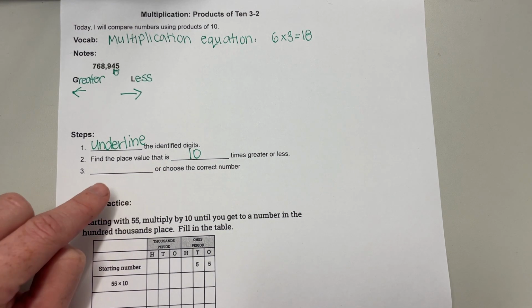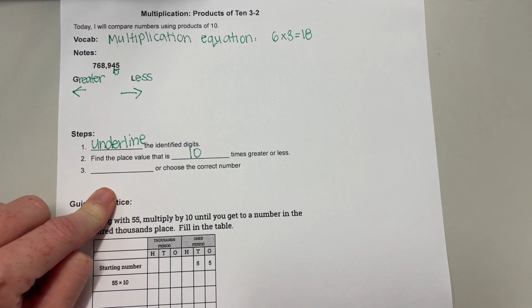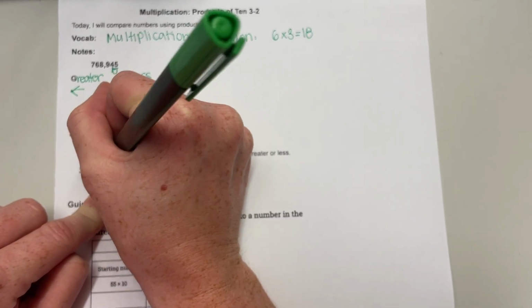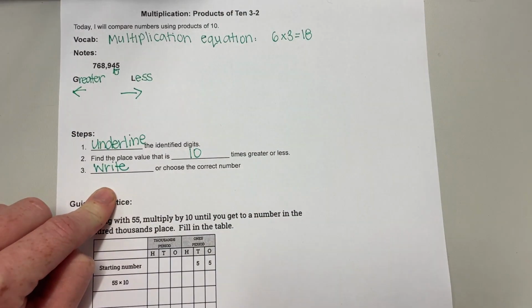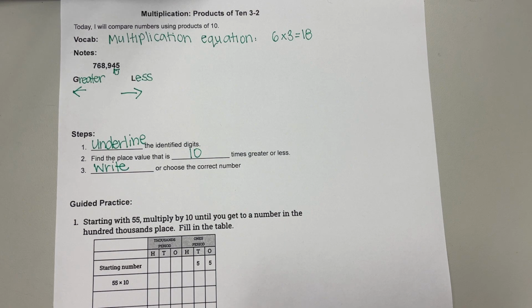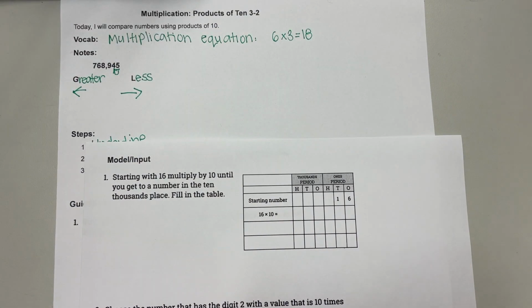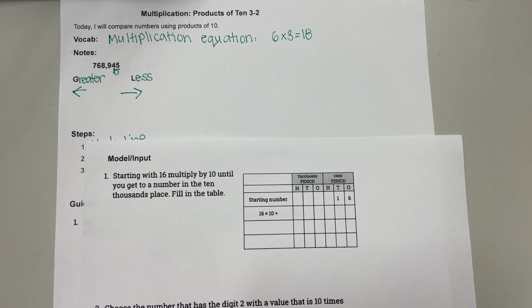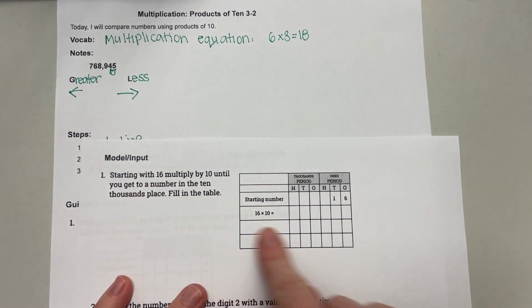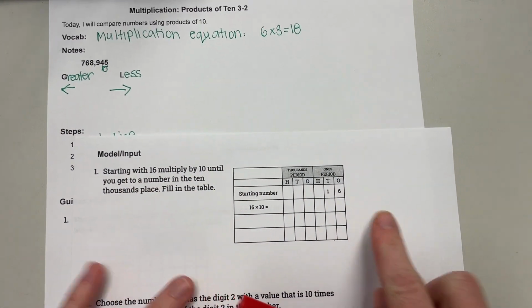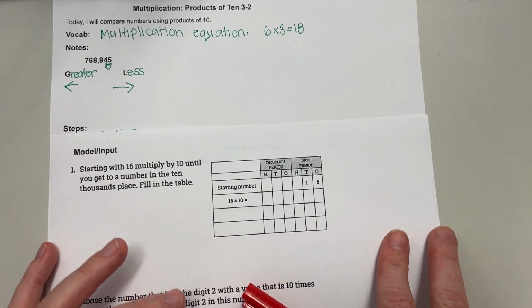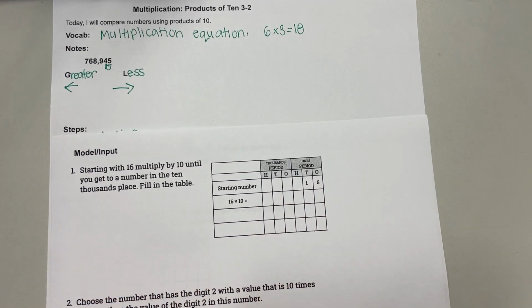And then step 3 is write or choose the correct number. I'm getting out my red pen. I have guided model and input, so you are watching. This is just like yesterday's video. Our steps are the same as yesterday's. We just have to fill out this table.